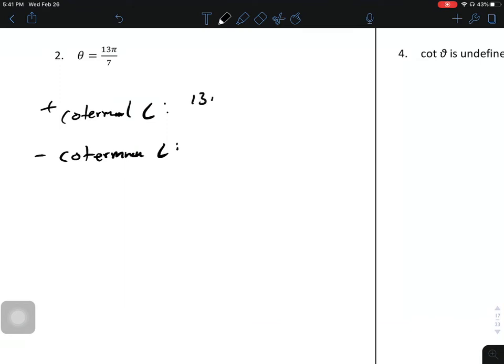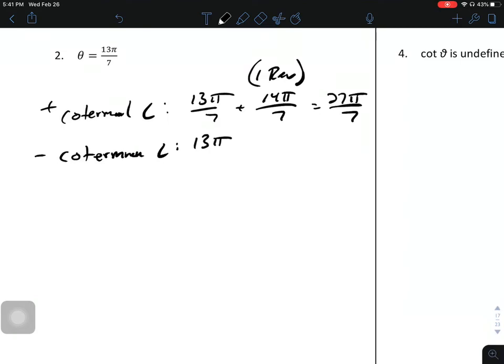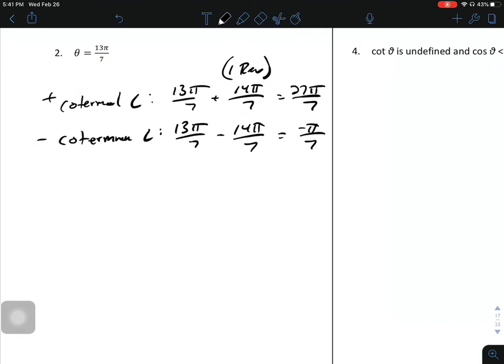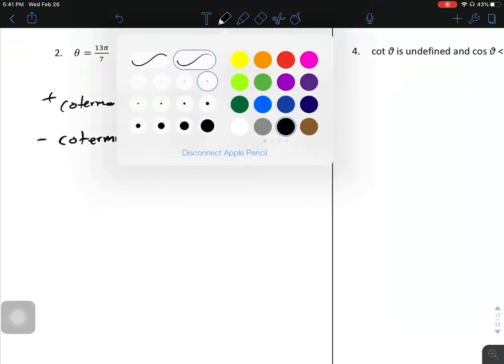So if I take 13 pi over 7 and add a revolution, which is 2 pi, as a fraction it's 14 pi over 7, that's going to give me 27 pi over 7. If I take 13 pi over 7 and subtract 1 revolution, it's going to be negative pi over 7. That answers 2 of the questions.